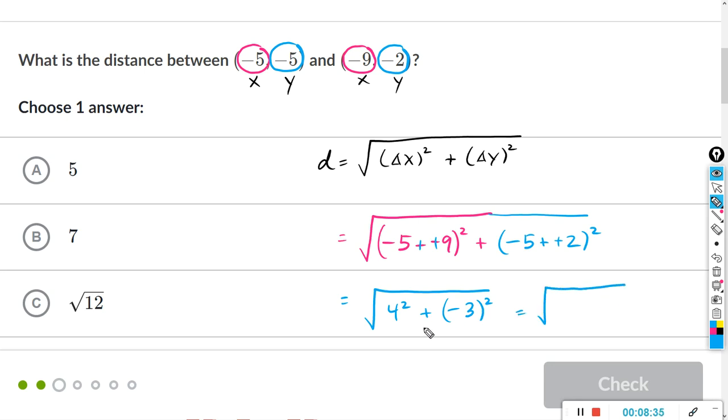Okay, remember, when you're squaring a negative, it's going to be positive. Okay, so 4 squared is 16. And negative 3 squared is 9. And that's just going to be the square root of 25, which equals 5.